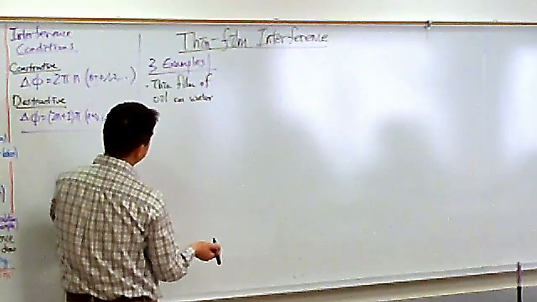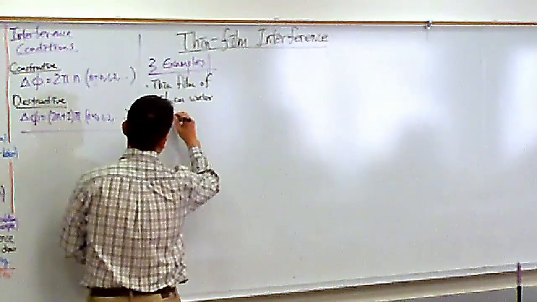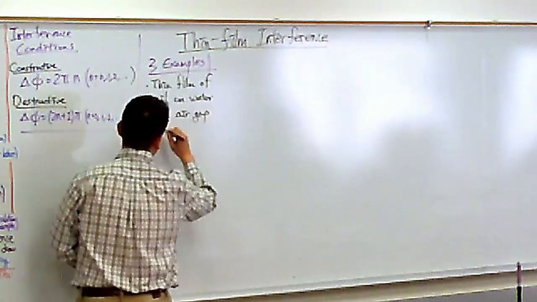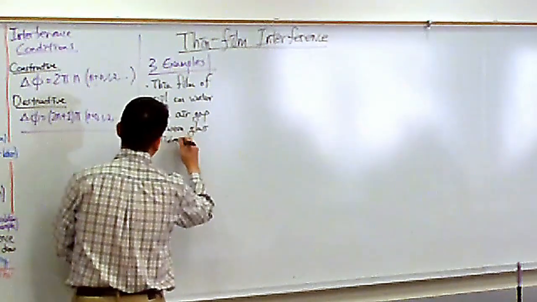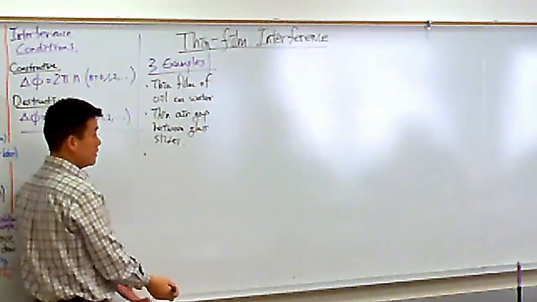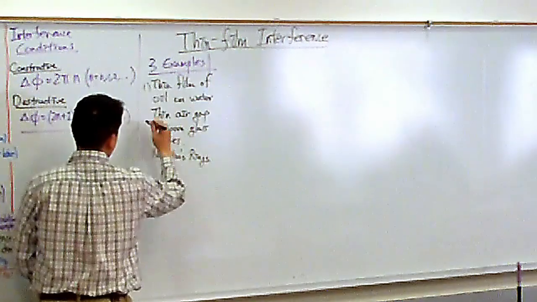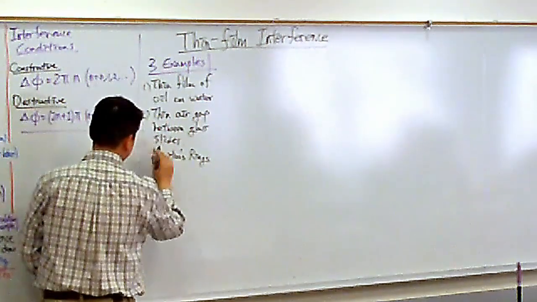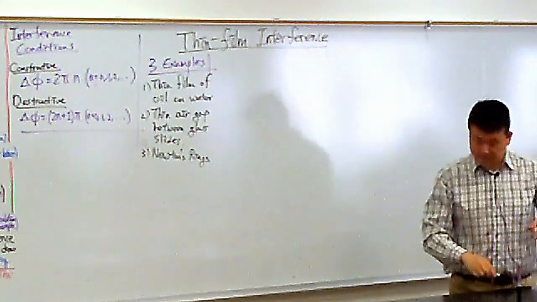The other one is a thin air gap between glass plates. Let me call it glass slides. And finally, the last one is Newton's rings. Let me number these: examples 1, 2, and 3. Let me pass out the demo for example 2.